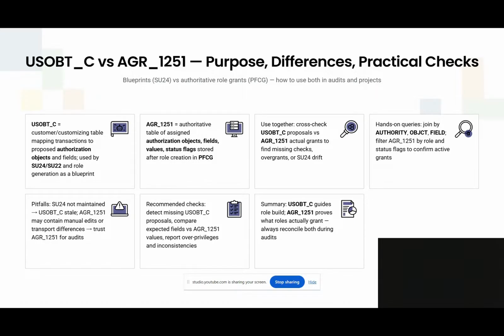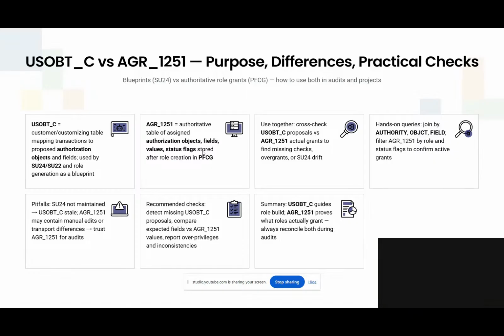The defaults are provided by SU22, I mean standard listings of T codes, and then it is copied to this customer table. And here you are maintaining the fields, and then finally when you're assigning it, you're actually maintaining the values, status flags, and all those things apart from authorization objects, obviously.